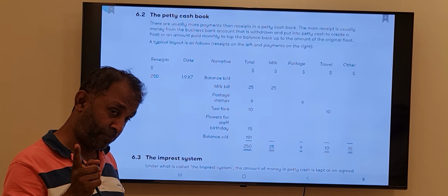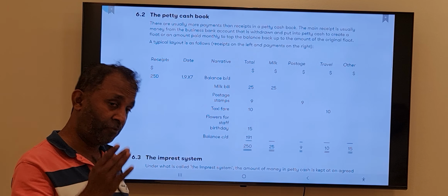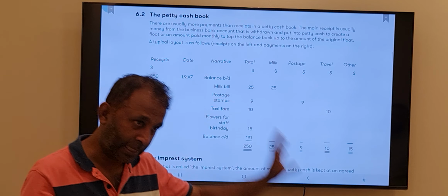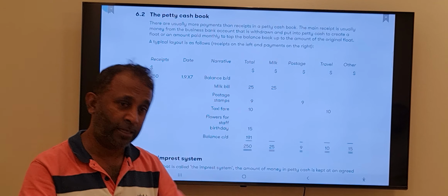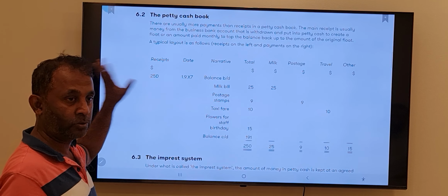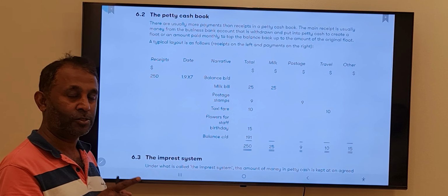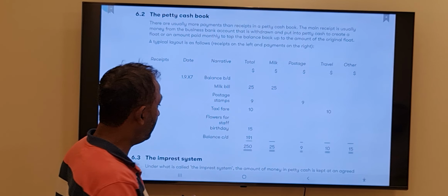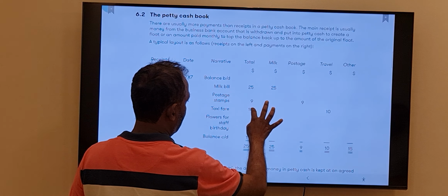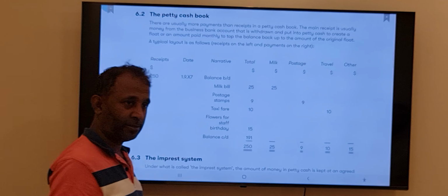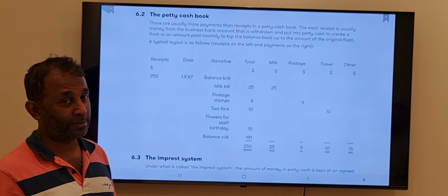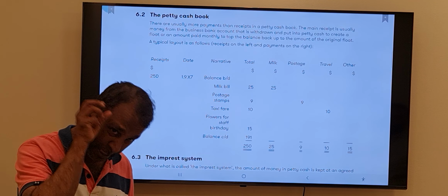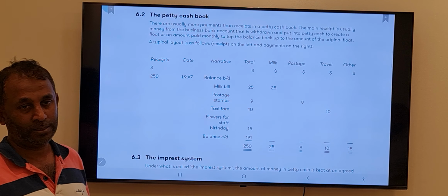If you want to follow the imprest system, every time your petty cash balance and the total of the bills should always be equal to 200. Every time. So next time you're going to reimburse. Let's say now how much total he spent? 25 plus 35 plus 50, 59, right? So how much should he take from the cashier now? 59. 59 only. If you follow this style, that is known as the imprest system.